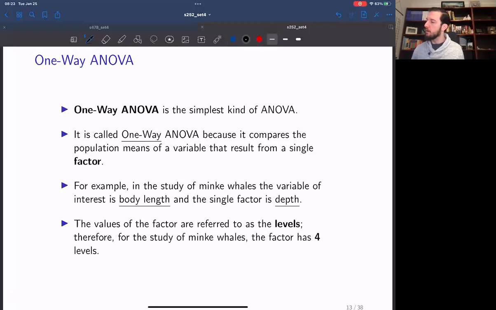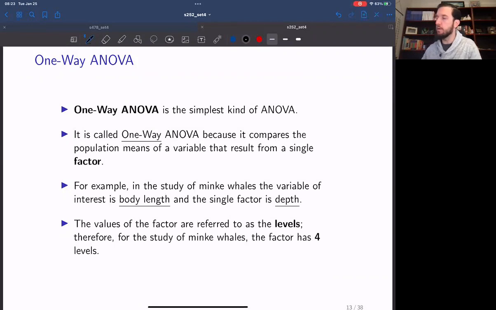All right. So again, an illustration of these definitions: the variable is what we are measuring, which is the length of the minke whales. Okay. The factor is how we are splitting our samples into groups. So in this case, our factor is depth. The number of levels in the experiment refers to the number of different groups that are being formed by that factor.